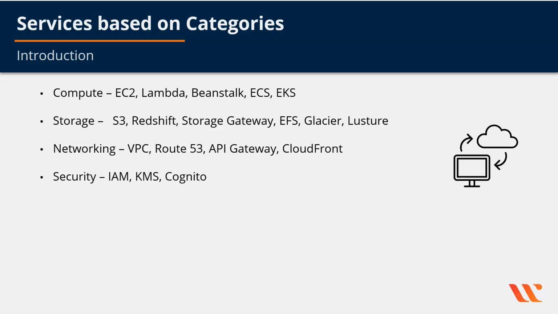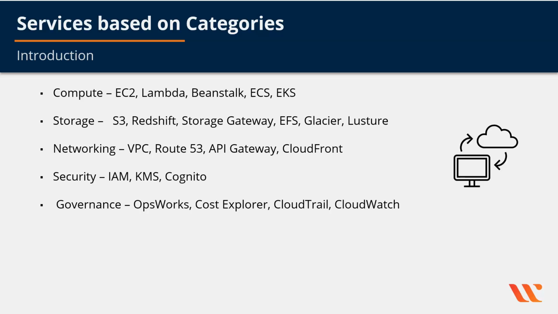Identity and Access Management, Key Management Service, and Cognito come under the security category. OpsWorks, Cost Explorer, CloudTrail, and CloudWatch come under governance. DynamoDB, RDS, ElastiCache, and Redshift come under database.